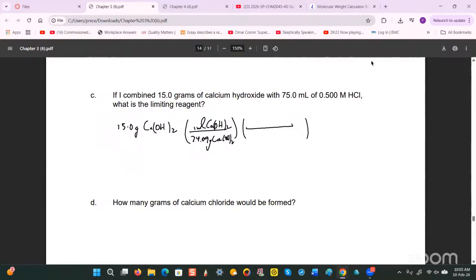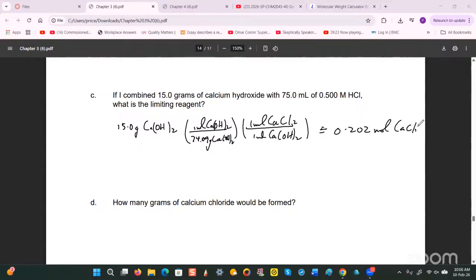I'm going to put 1 mole of calcium chloride above and 1 mole of calcium hydroxide below. All right, so let's see what that gives. 15 divided by 74.09. According to my calculation, this works out to be 0.202 moles of calcium chloride.